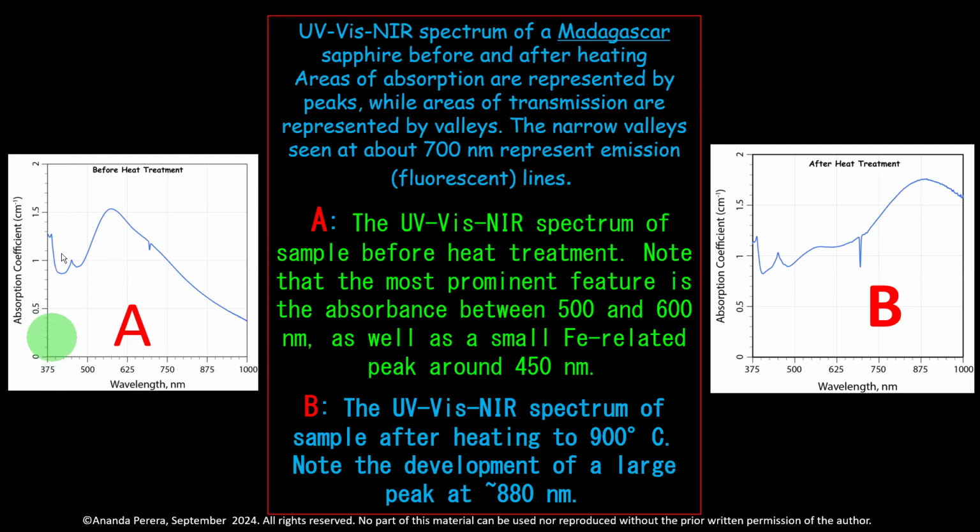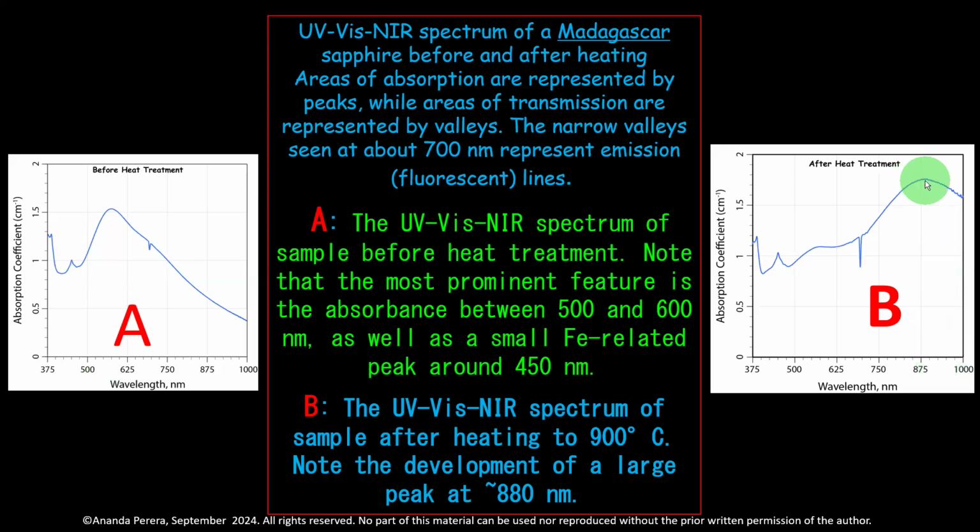Absorption is on the y-axis. Before and after heating, areas of absorption are represented by peaks. Between 500 and 625, there is a peak before heat treatment. After heat treatment, that peak is missing here.